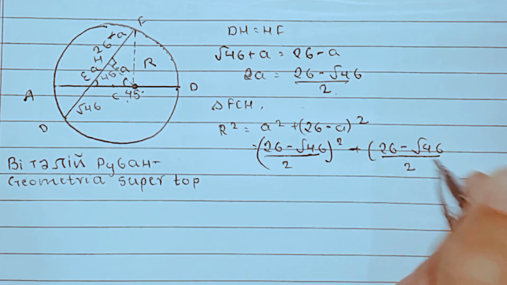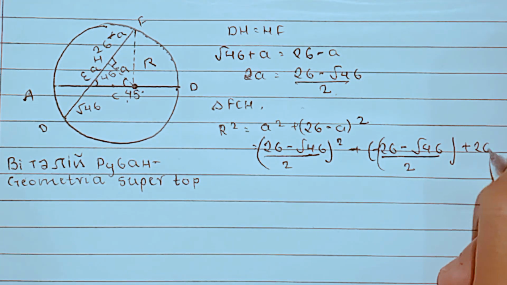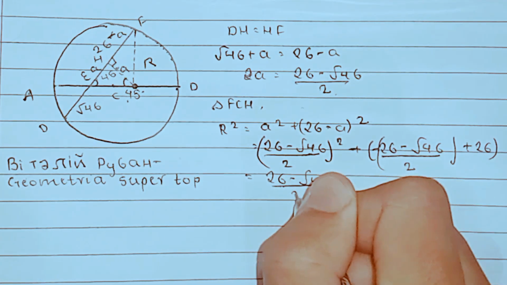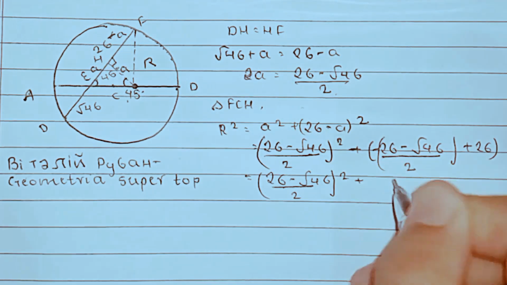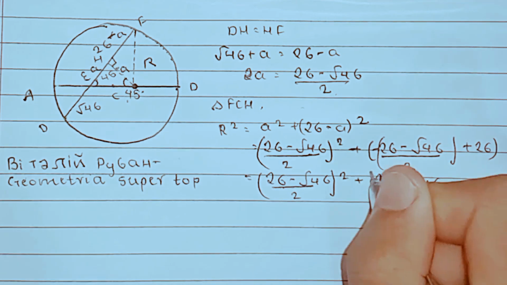So we get ((26 minus root 46) by 2) whole square plus ((26 plus root 46) by 2) whole square.